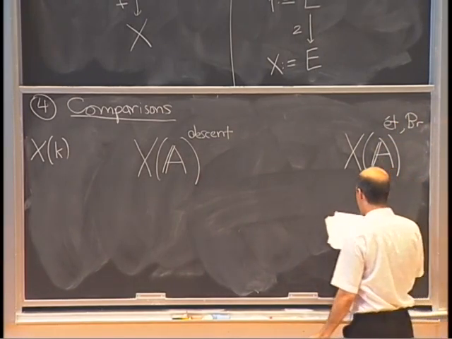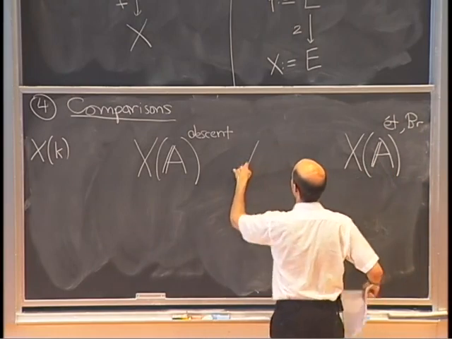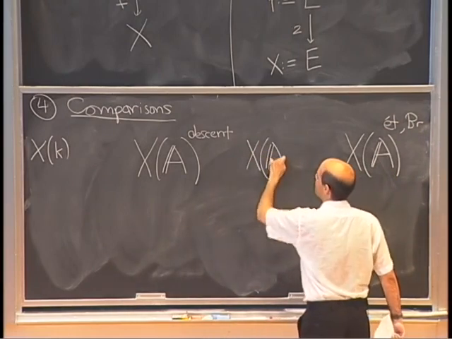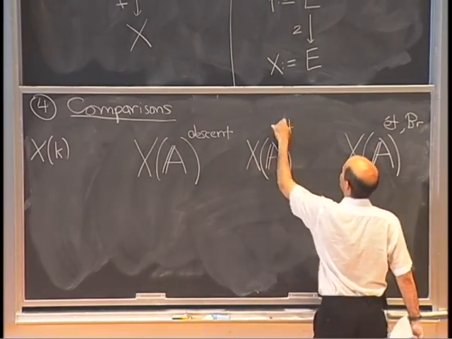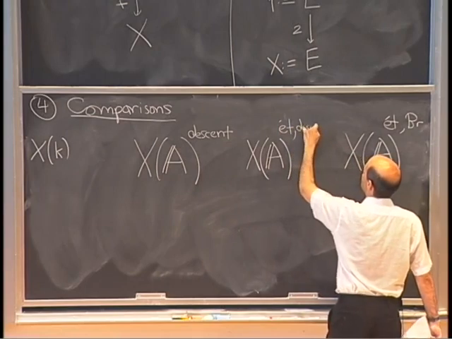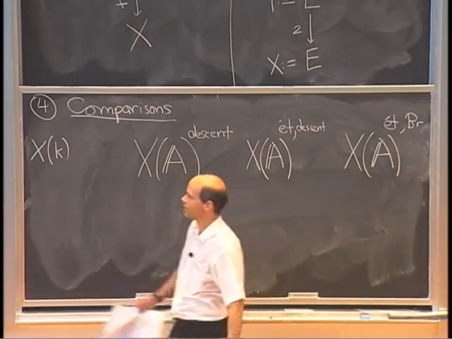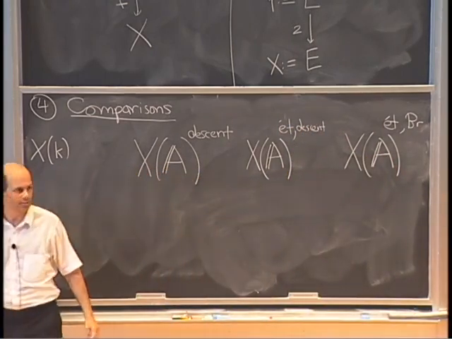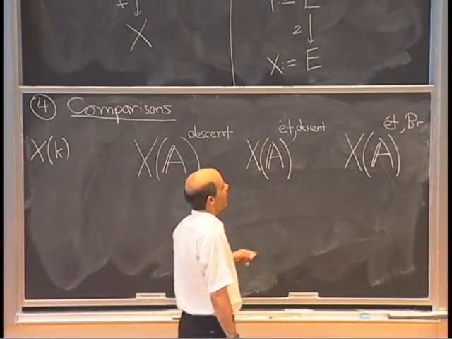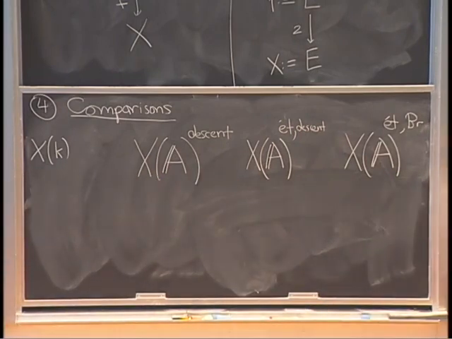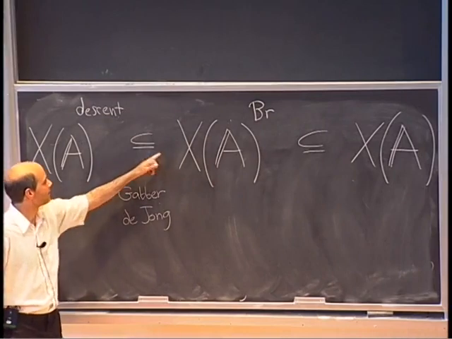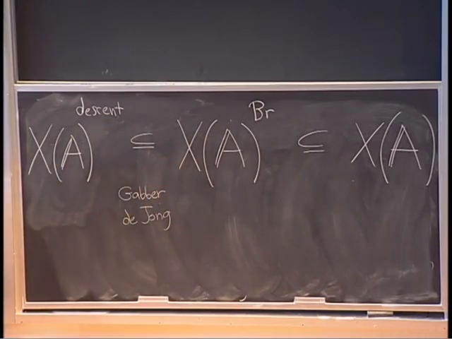And you could also imagine an étale descent, where you apply the descent obstruction to these auxiliary varieties Y sigma. And just from this fact here, the fact that this is contained here, that formally implies that this was contained in here as well.